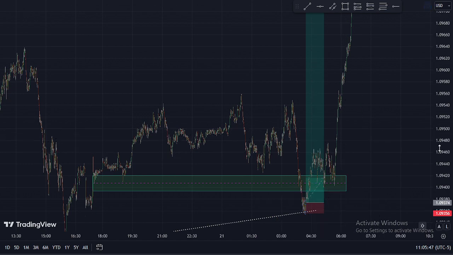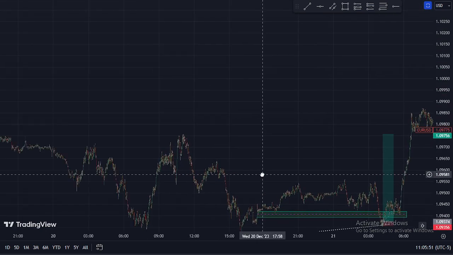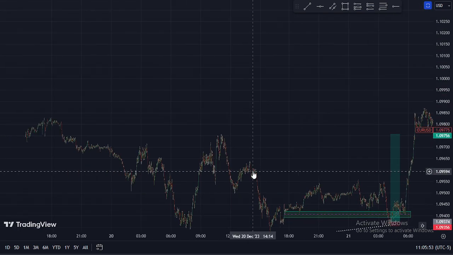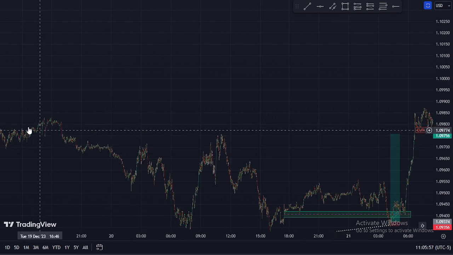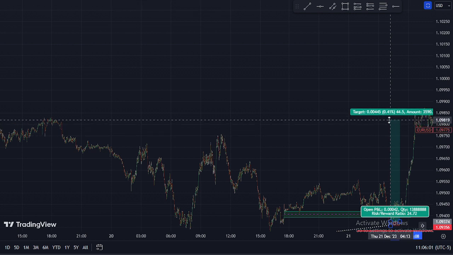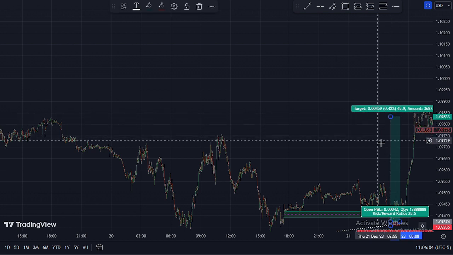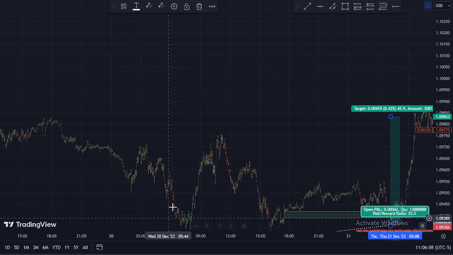Let me see if we went. Yes, we had these highs right there. If you could be aiming for that, that gives us a 25.5 R trade.